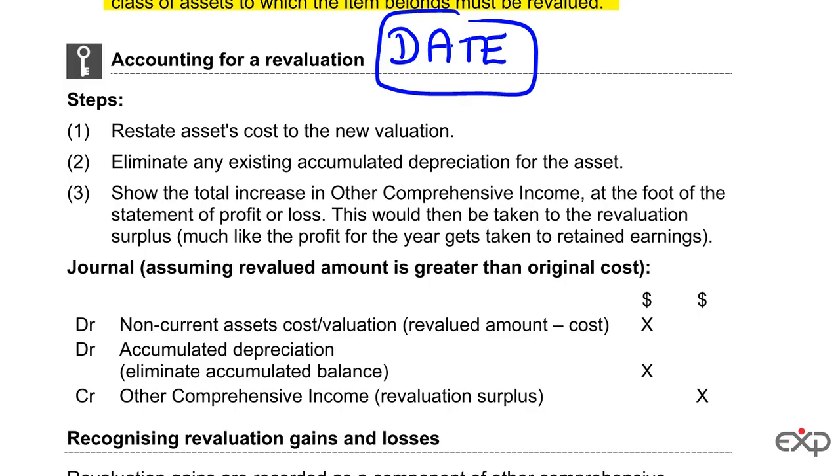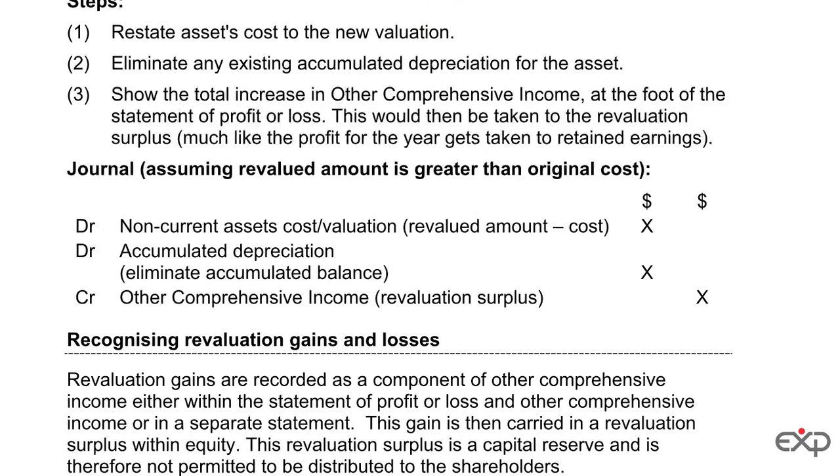Notice that when we revalue a non-current asset upwards, we increase the value of the cost account. We'd eliminate any accumulated depreciation by crediting it, and the credit goes through other comprehensive income, then it goes into SOCI, and finally it gets shown as a revaluation surplus in the statement of financial position.